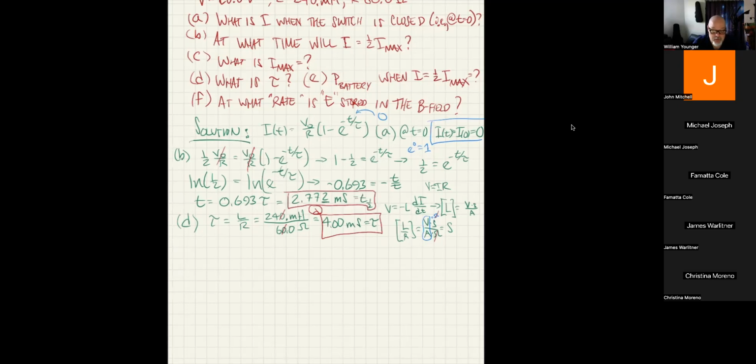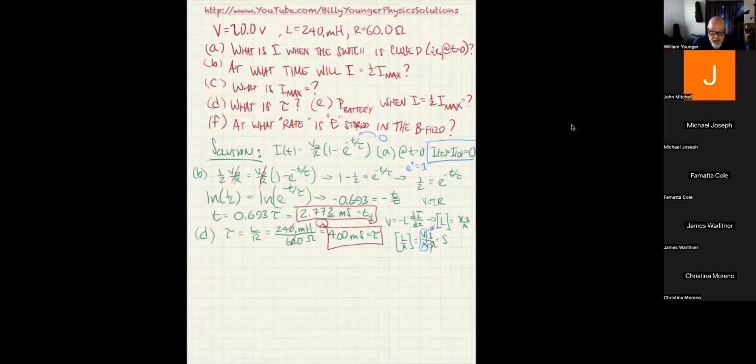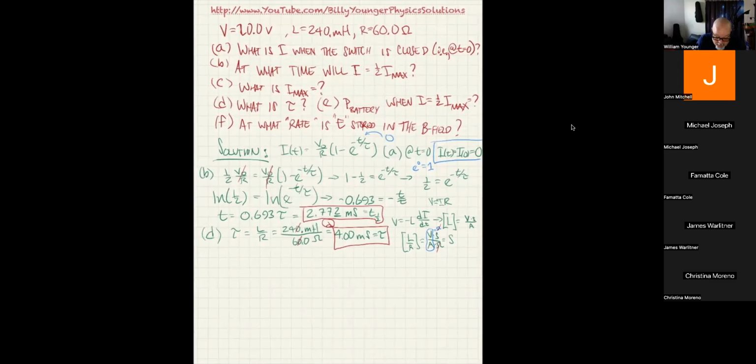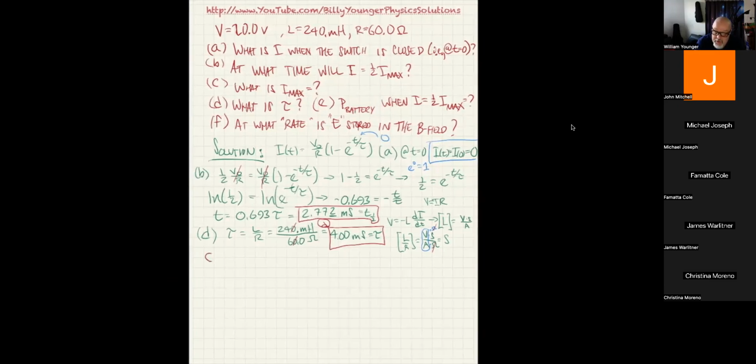Okay, so now we've done A, B, and D. I still got to do C, of course. Now, I've already explained to you what C is, specifically the I max. So now I can just go ahead and calculate it. I really have a hard time choosing to stay in green, evidently.